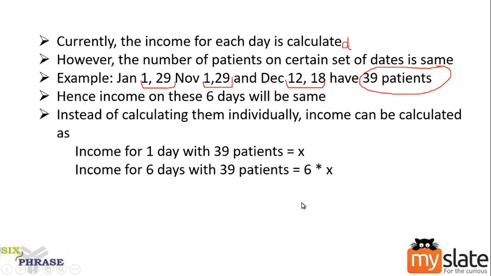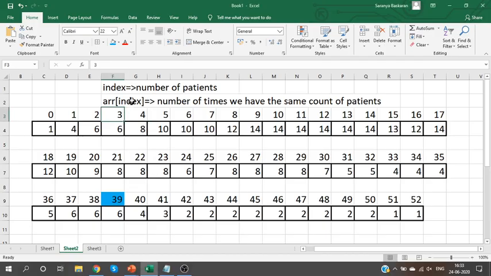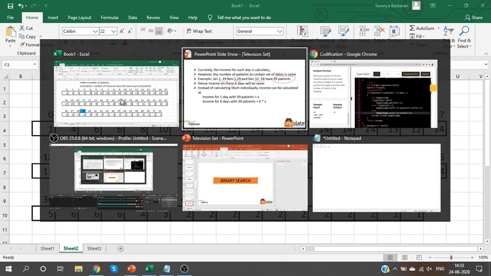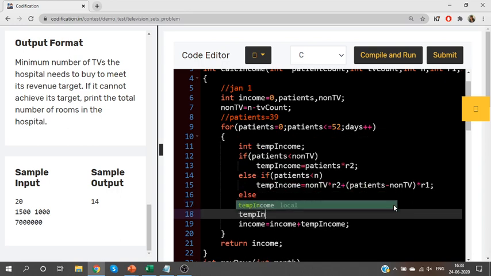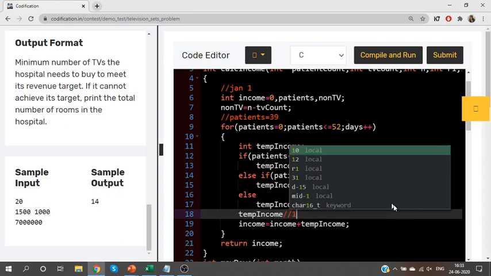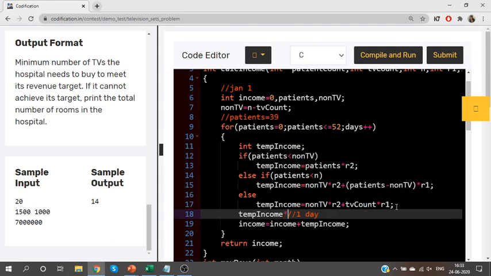Now how many days will we have? We will have multiple days. How will you know the number of times? Array of index will give you the number of times of having the same input. Okay. So this temporary income is for one day, guys. We are going to repeat the same thing for many days.